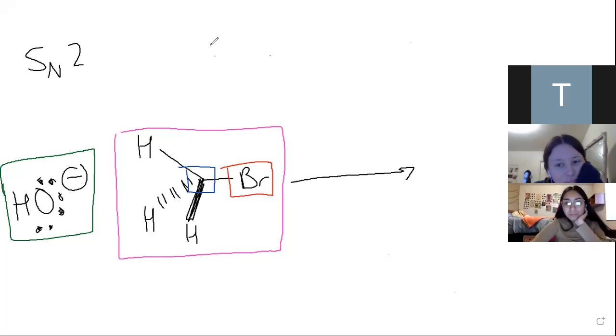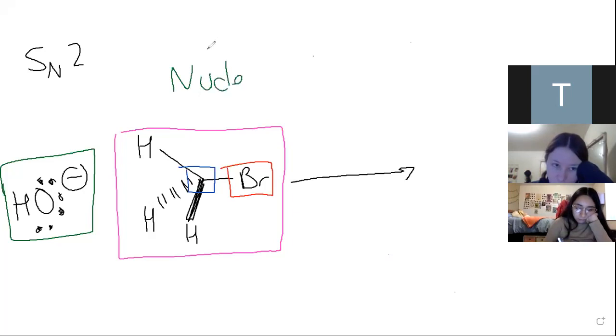P-H-I-L-E, what the root word of phile is? Lover? Yep, like you love something? Yep. We typically use it in very bad connotations, but we're going to have two examples here. So our first one is going to be nucleophile. And again, it helps if I turn on the writing. Nucleophile. And the other one is going to be the electrophile.